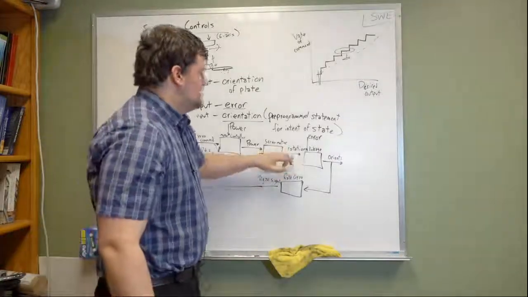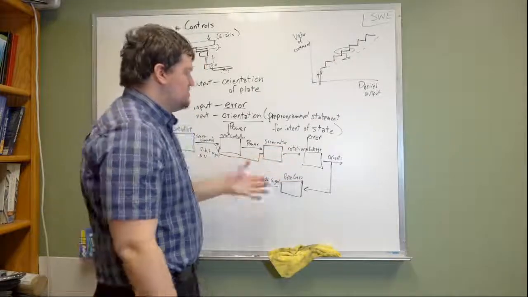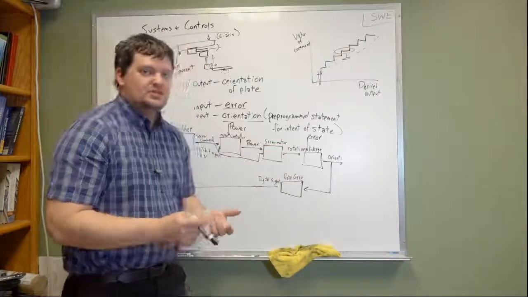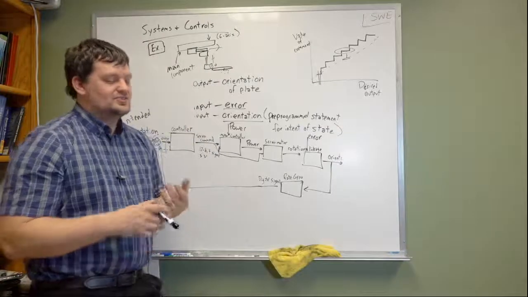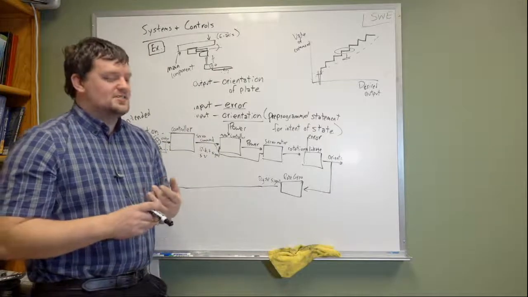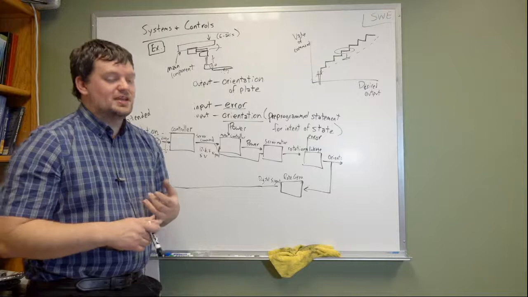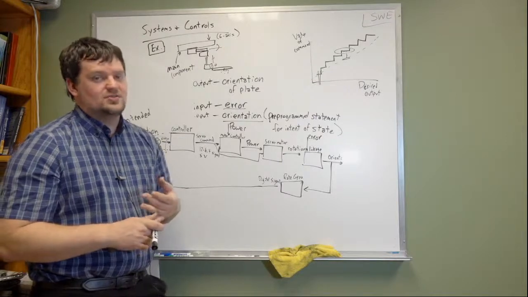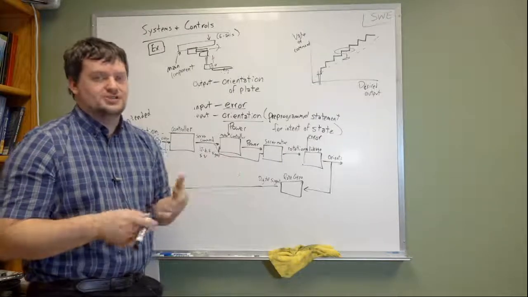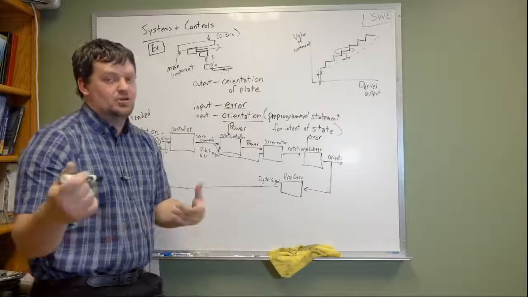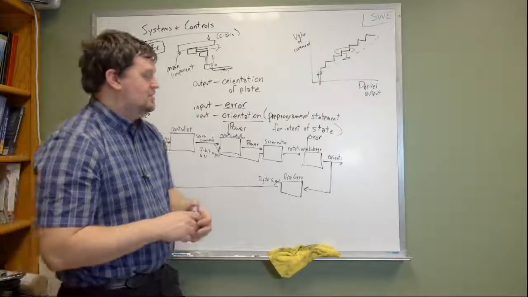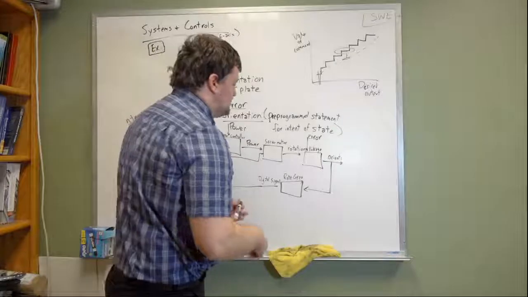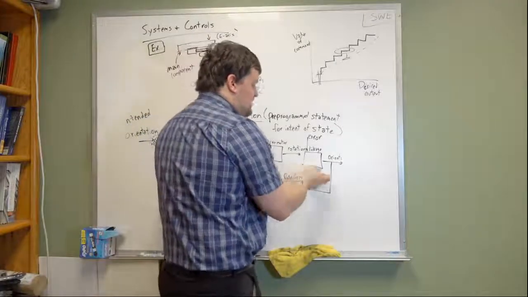Okay, now there's going to be some error associated with that rotation. Okay, there's some flexibility in that line. It's going to be in the tens of thousandths, but there's an error associated with the intended rotation and the actual rotation based on the load that's being put on that shaft. And similarly, there's going to be some flexibility in the linkage.